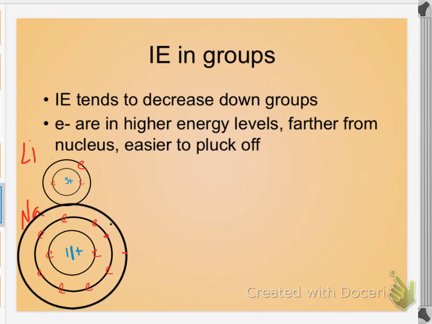So we have one electron out there on the far ring. How many energy levels between the outer valence electron and the nucleus? Just hold up your fingers. How many? 2. 2! So a little bit more shielding, a little bit easier to pluck off.